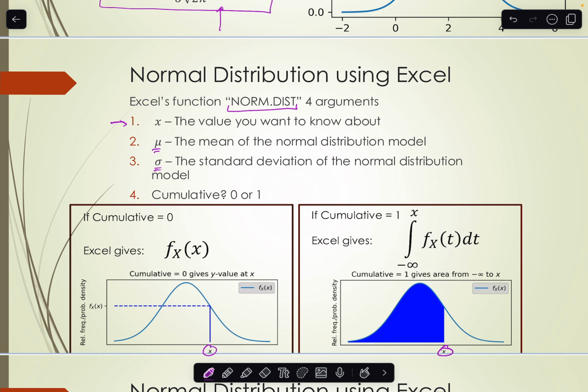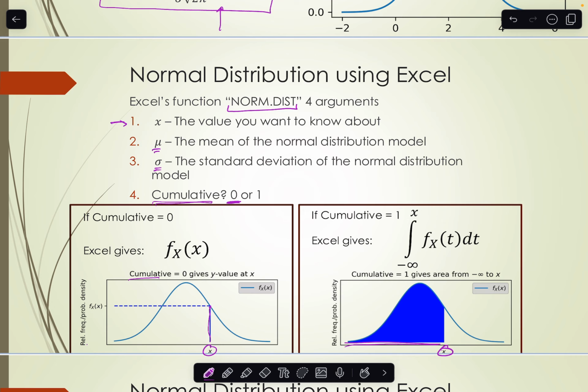The fourth argument is a binary input that's either going to be a 0 or a 1. Now, when you open the function up in Excel, it'll say cumulative for that argument. If you plug in a 0 for that argument, then what you're saying is do not take the cumulated probability, just take the probability right at x.